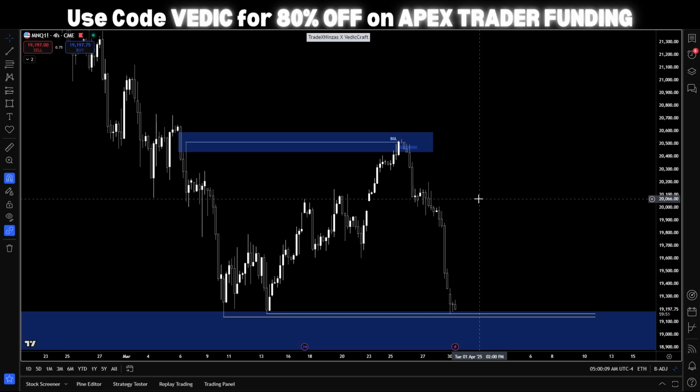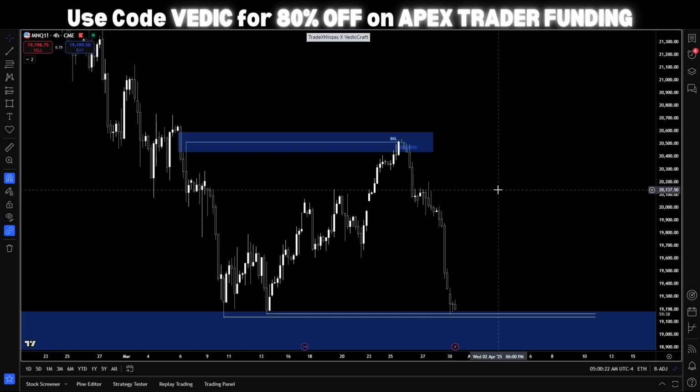So basically, what is generating liquidity? Generating liquidity or engineering liquidity, both are the same. As I said in my previous video, if price wants to go lower, it will manipulate higher. Why? It will generate liquidity to sweep out liquidity after the manipulation.